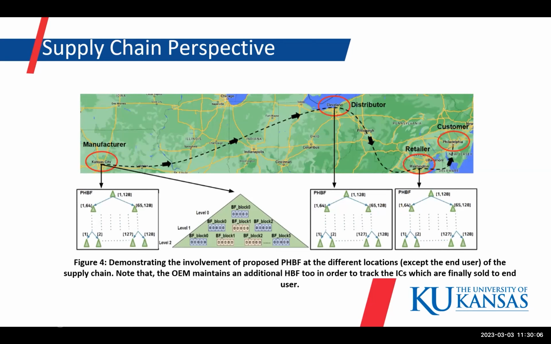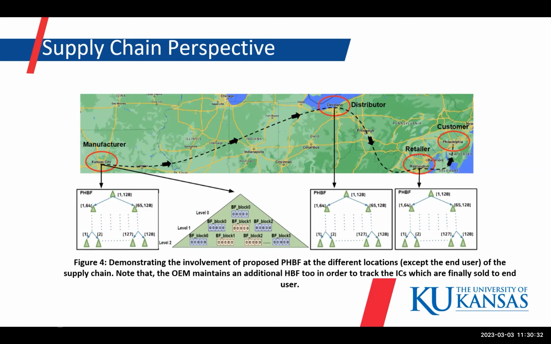So coming back to my supply chain perspective, this is a schematic of a supply chain where the manufacturer is at Kansas City and the supply chain expands up to Philadelphia, passing through every entity of its supply chain cycle. As I mentioned earlier, every entity is maintaining a database like in a traditional supply chain.